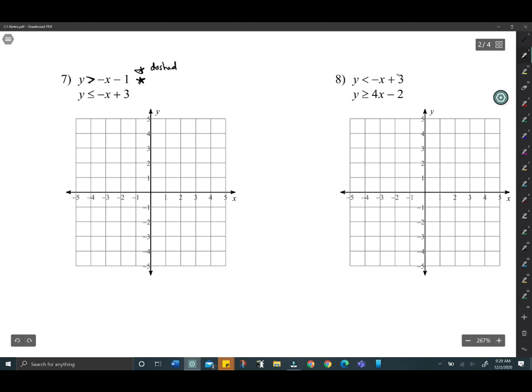And this one is going to be a solid line, and it's going to be below. So let's take a look at both of those. -1 and the -x. Dashed line and above.